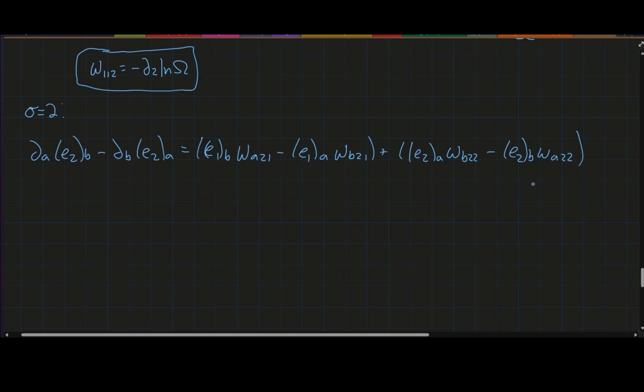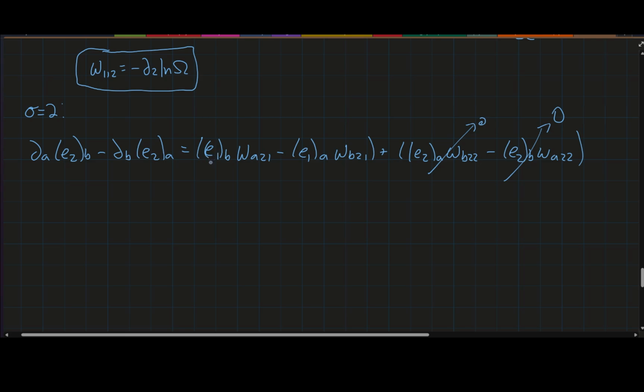Now, if we recall the antisymmetry property of these W's, we know that WABC is the negative of WACB. And because of that, a direct consequence is that WABB of any kind has to equal 0. It's the only number that's going to be its own negative. So for that reason, this goes to 0, this goes to 0.